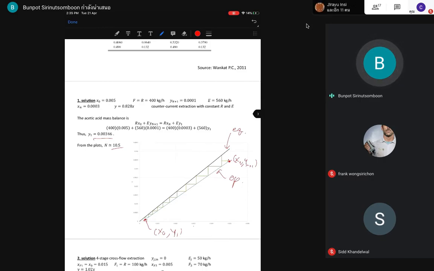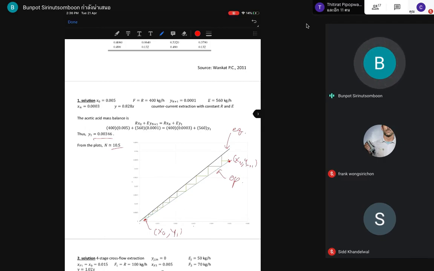Yeah, you guys can also use the Kremser equation for this analysis, because the Kremser equation is originally used in stripping and absorption units, but it can also be used here in liquid extraction, because it also works in a column that has many stages. But the Kremser equation only gives you the end result. It doesn't give you the results in the stages in between. So that's a pro and con.